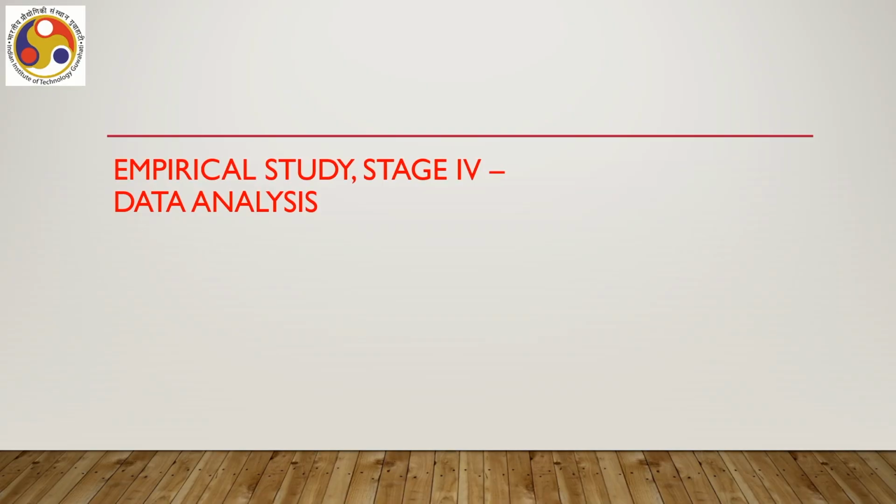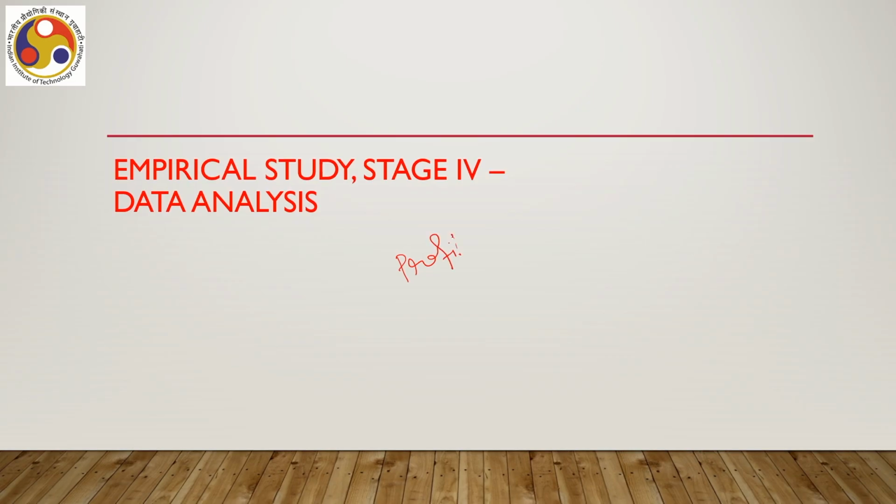Sometimes we may be forced to go for between subject. Sometimes it is more practical to go for within subject and so on. Within subject is always easier to manage as compared to between subject, but circumstance may force us to go for between subject in many cases. So, that is stage 3, experiment design.